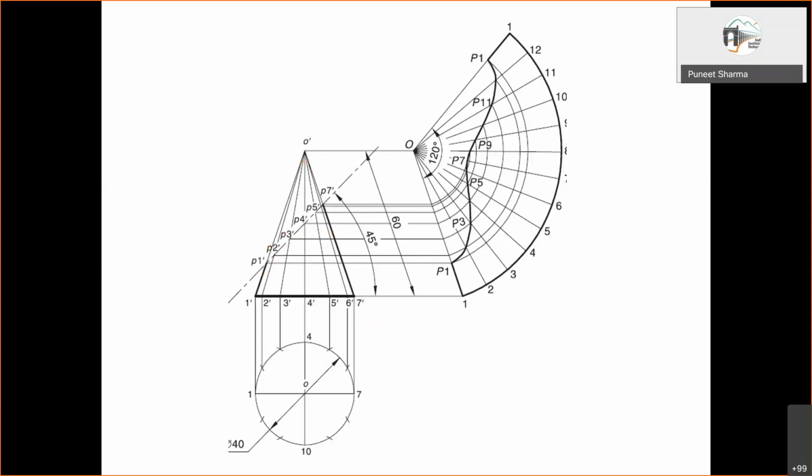Then this length is to be measured from this O up to this point. This point corresponding to P2, we are projecting onto this O7. So we have to measure from O up to this point, P2 dash, which is projected on. This will give the true length. That true length then will have to be marked from O onto this O2 at this location.